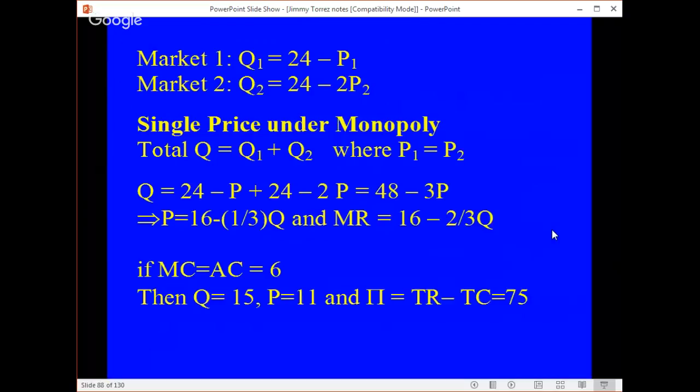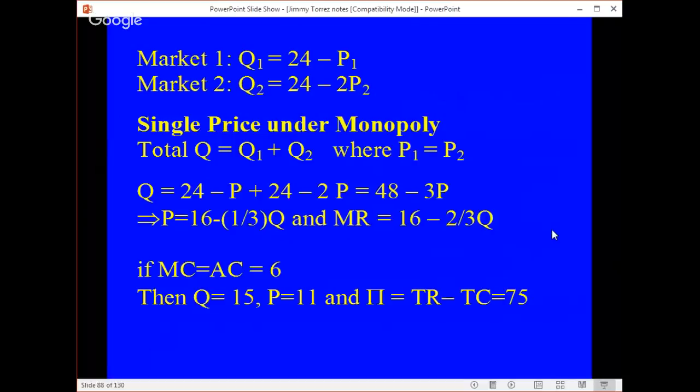Okay. So here's an example. I have two groups. And I'm going to start by pretending I'm just a monopoly. I'm going to charge one price for both groups. I'm going to treat it as a single market. So my quantity is going to be Q1 plus Q2, or 48 minus 3P.